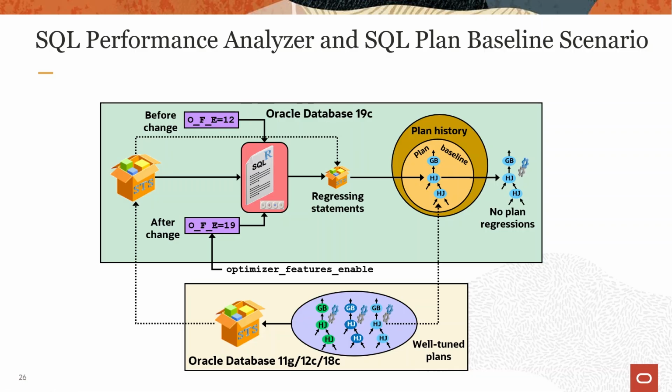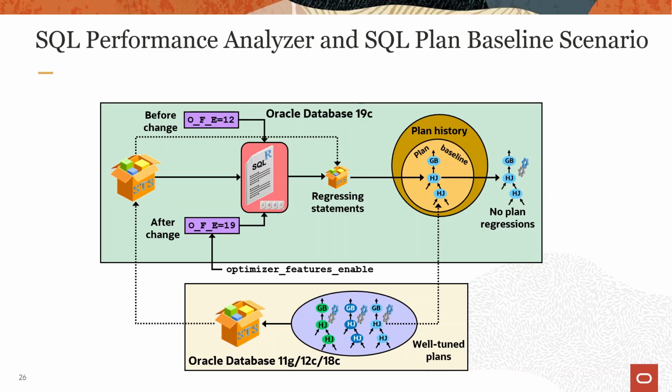Now, what you do is, you can then say, in my 19C database, I'm launching the SQL Performance Analyzer, and I'm going to run this SQL tuning set workload in my 19C database, but with the parameter optimizer_features_enable equal to 12. So the optimizer is still a 12C optimizer.